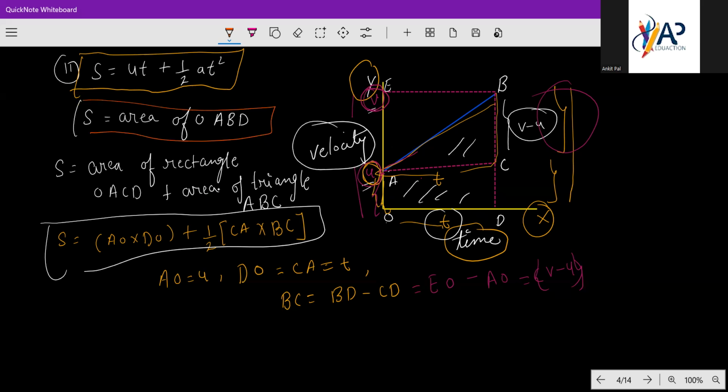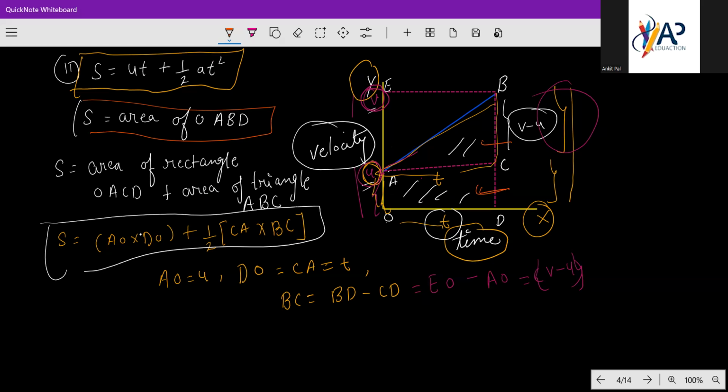In the area of OABD, we have one rectangle and one triangle. So first calculate the area of the rectangle. The formula is length into width, so length is OD and width is OA.